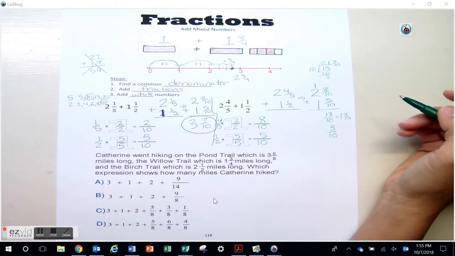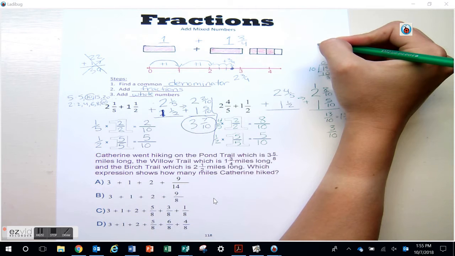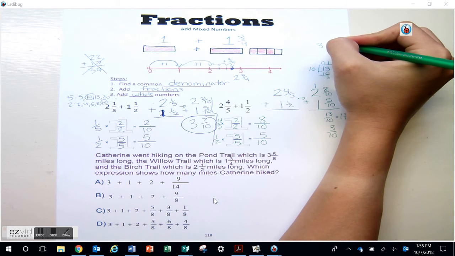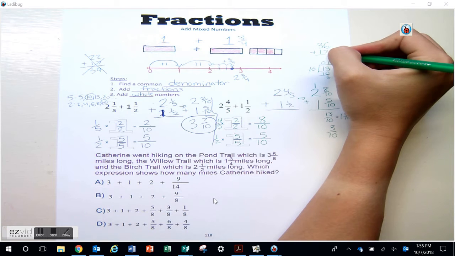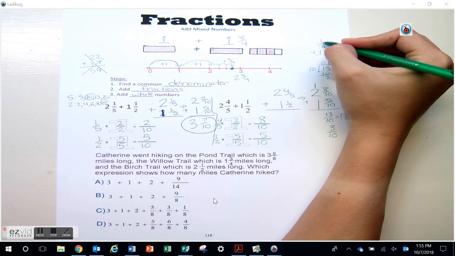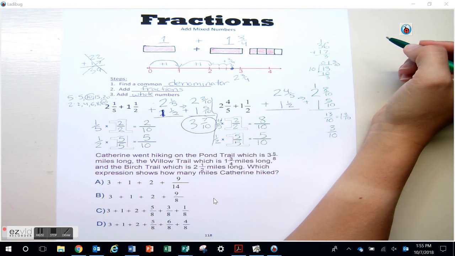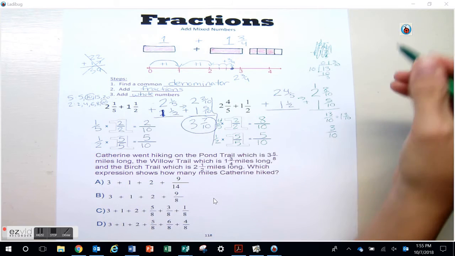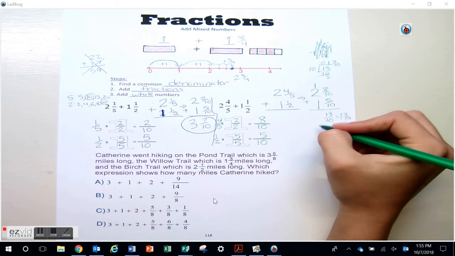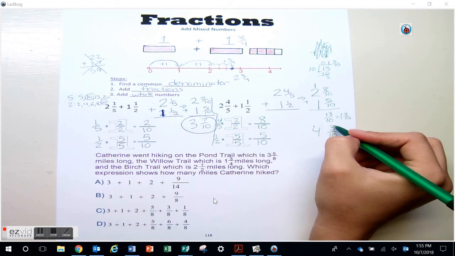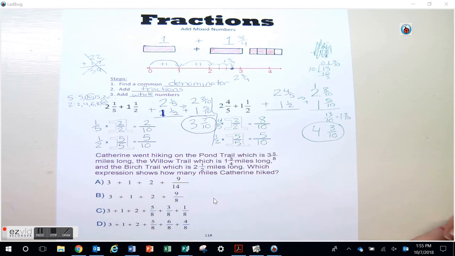Just like if we would have added 36 plus 17, you would have gotten 13, and you would carry that 10, right? So just like that, we're doing that here. We added our fractions, now we're going to add our whole numbers, and we get 4 3/10 as our final answer.